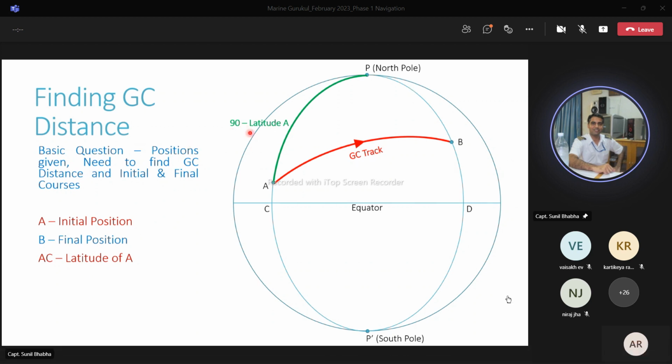So calculating 90 minus latitude of A gives us the dimension of the side Papa alpha, that is the green color side of this particular triangle PAB.